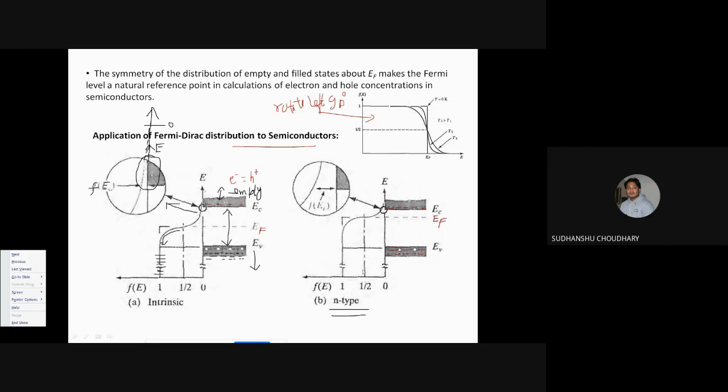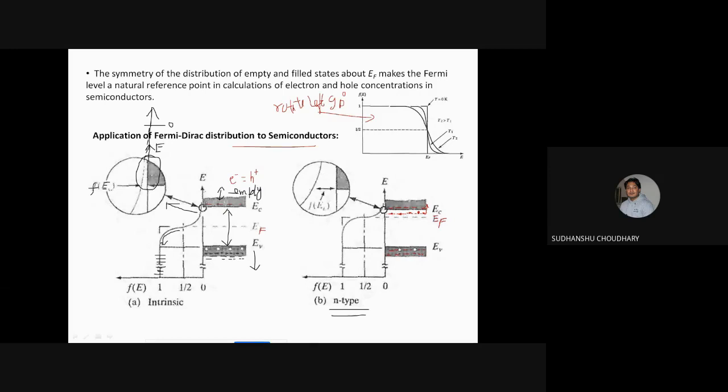But since n-type is doped with donor impurity, the donor impurity level may lie somewhere near the conduction band edge where you have electrons sitting, and these electrons will ionize at room temperature to reach the conduction band. So you have the concentration of electrons in the conduction band much larger than the concentration of holes in the valence band, which is also shown over here by this Fermi distribution function.